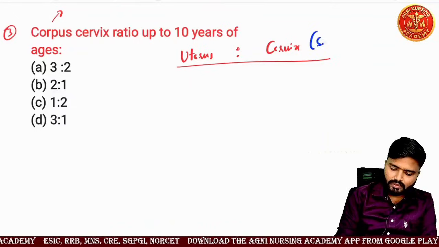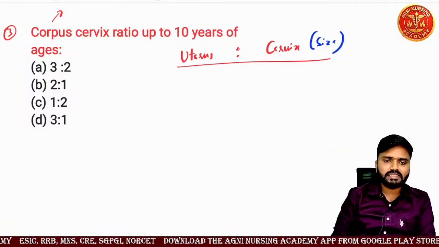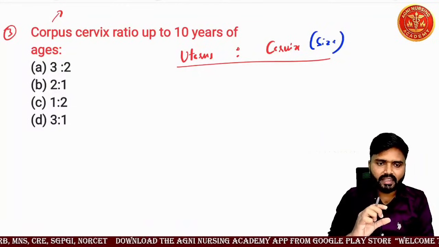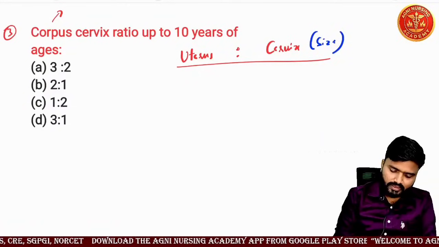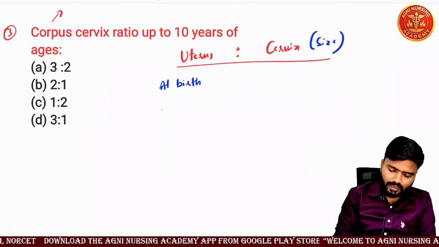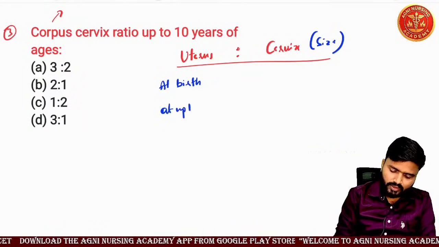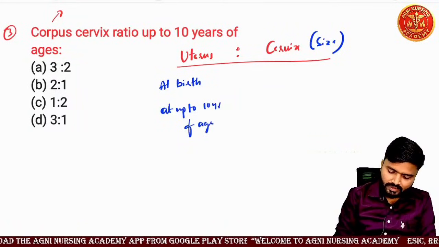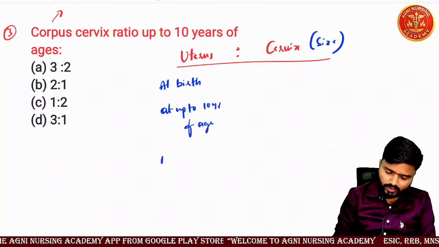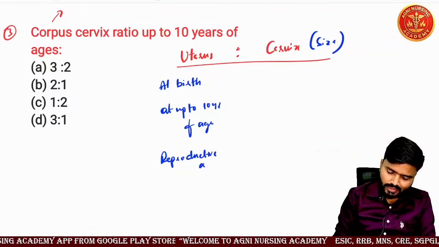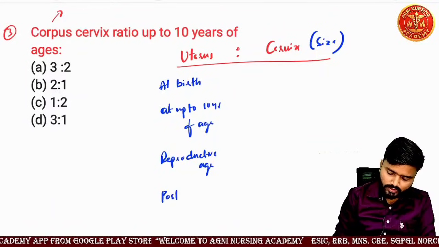So the size of the cervix and uterus varies at different ages, understood? For example, at birth and up to 10 years of age, in the reproductive age, and at the post-menopausal age.